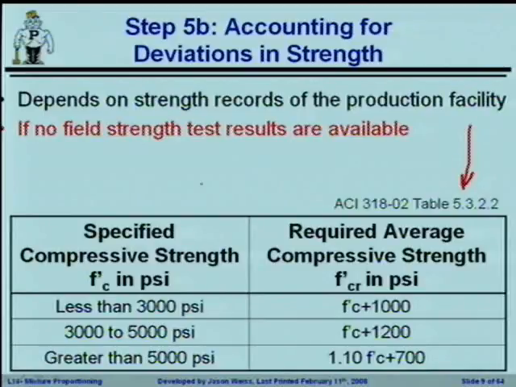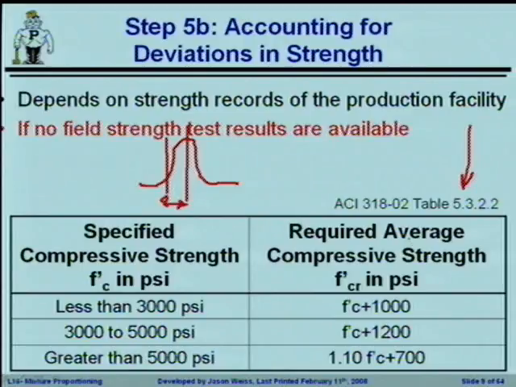You'll remember our bell-shaped curve, and we have a specified compressive strength. We are going to target a higher required compressive strength that's going to be some value to account for statistics. The basic idea here is if you have a lot of historical data, you can make this difference much smaller if you've got good quality control.